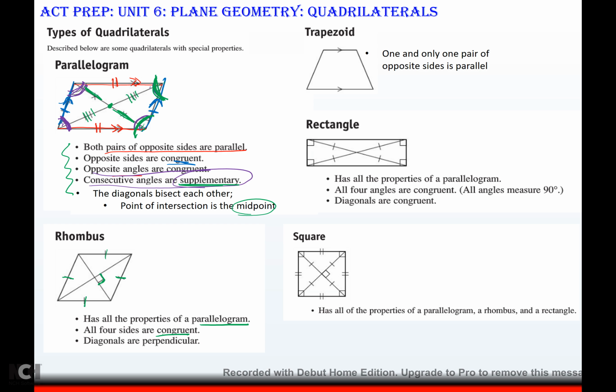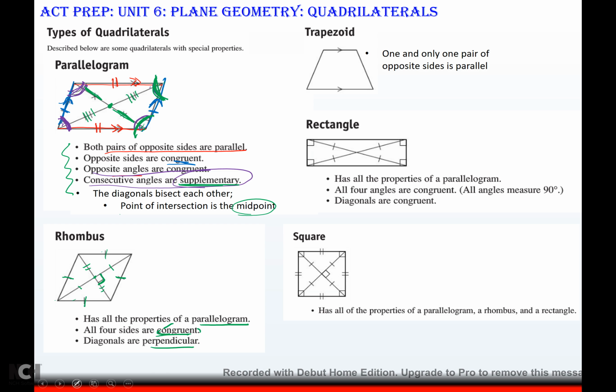Again, all of these things are true. So the diagonals bisect each other, so this equals this, and this equals this. Opposite angles are congruent, opposite sides are congruent, opposite sides are parallel. All of those things are true, but in addition to that, all 4 sides are congruent, and the diagonals end up being perpendicular to each other.